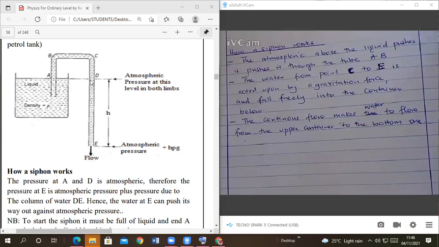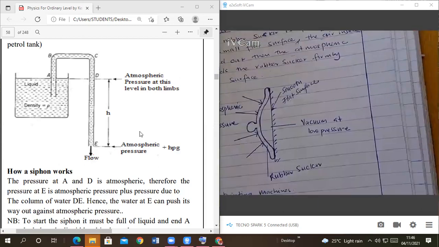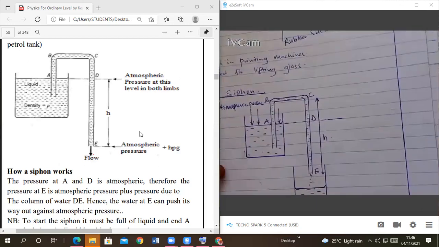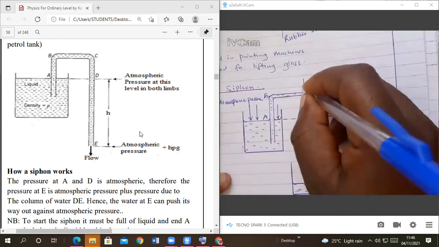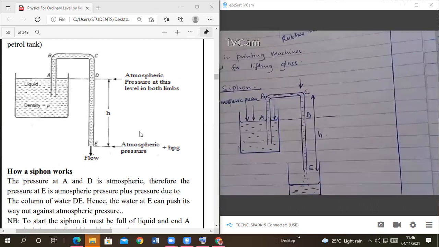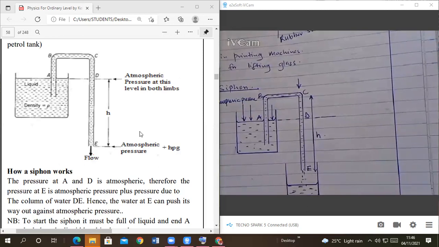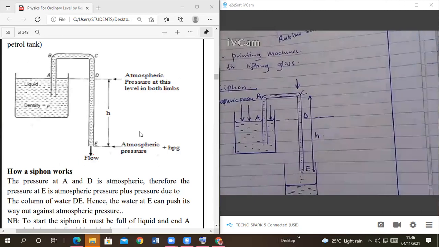So they are saying that this water which is here is acted upon not only by gravity, but also by atmospheric pressure, because atmospheric pressure acts in all directions. So even in this water which is here, atmospheric pressure is acting on it, and it will make that water flow downwards into the bottom container.